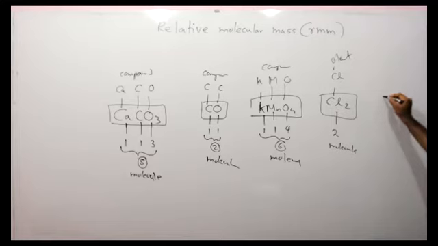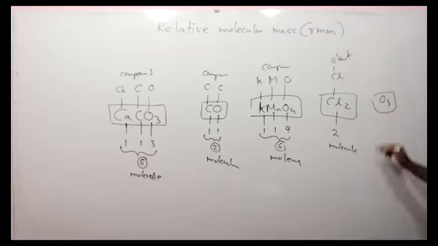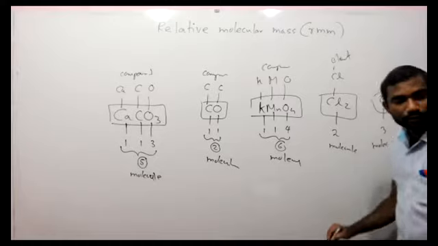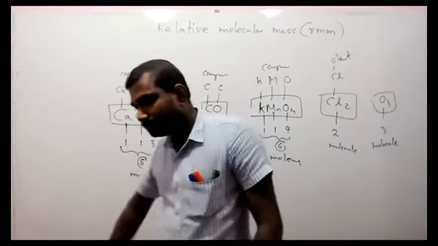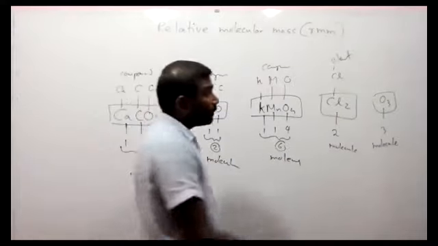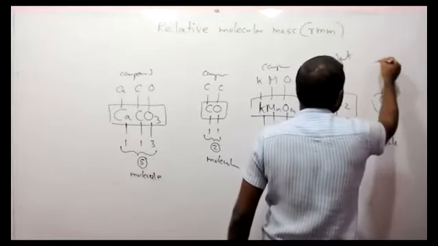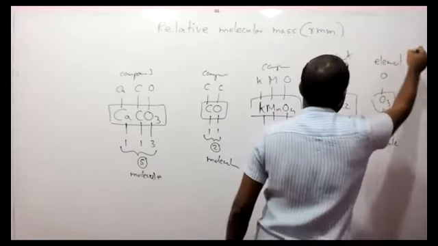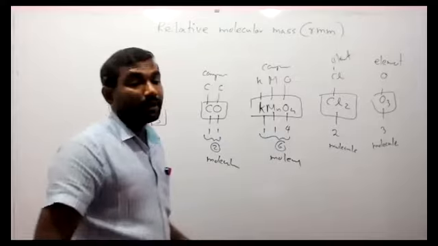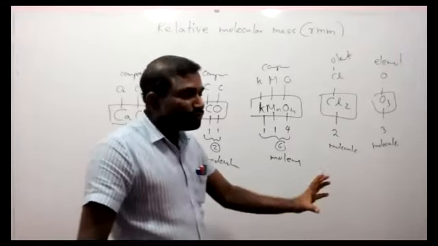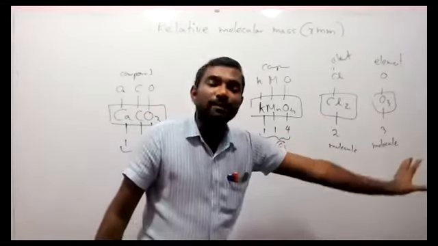If you take ozone, O3, you have heard about this one, ozone. 3 atoms are there, so it's a molecule. Right, children? Here you have only one element, which is oxygen. So element. So remember, children, atoms will exist only as elements.